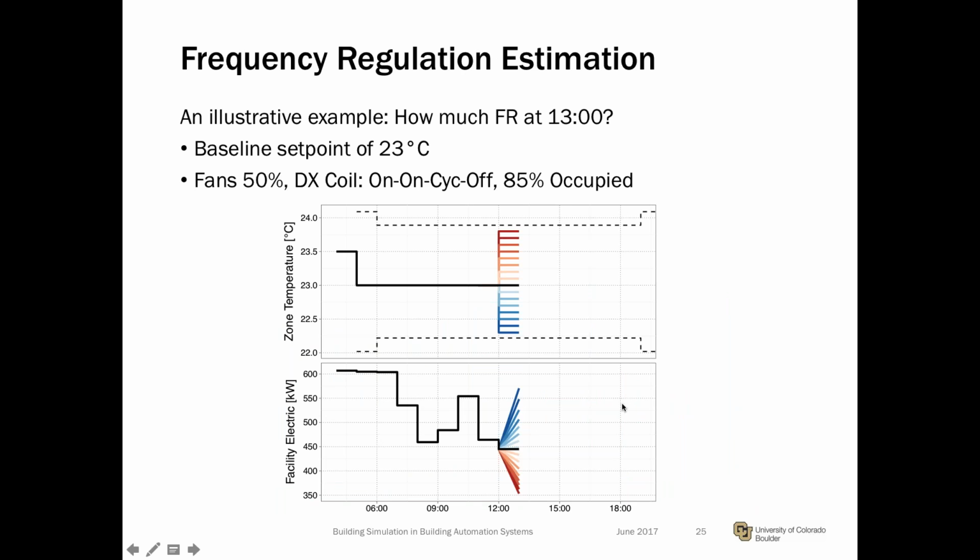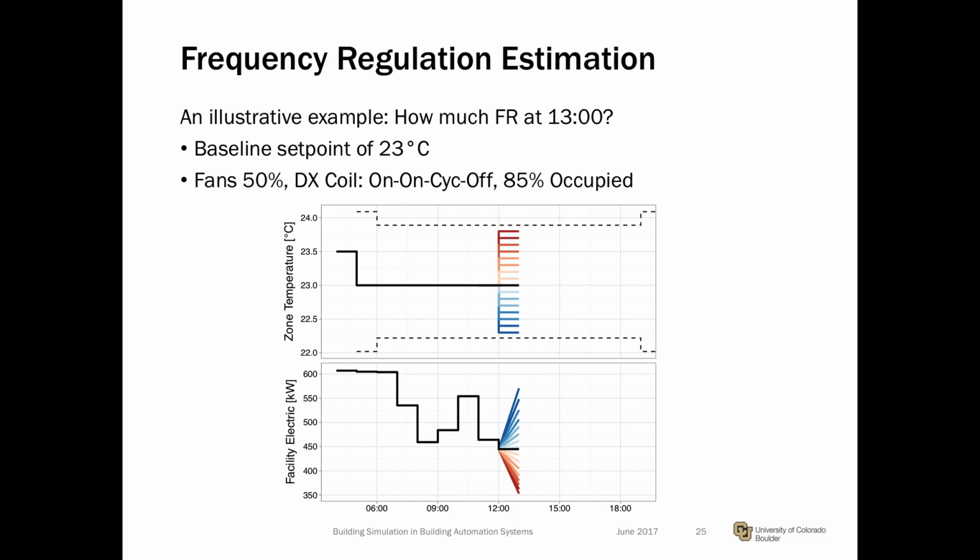The perturbation method that I mentioned basically tries to answer the question around a set point, let's say 23 degrees at 1 o'clock in the afternoon, how much could I increase or decrease the electricity consumption in response to a frequency regulation signal. In this case, let's assume we have the fans running at 50%.